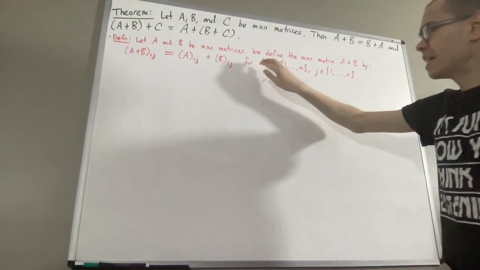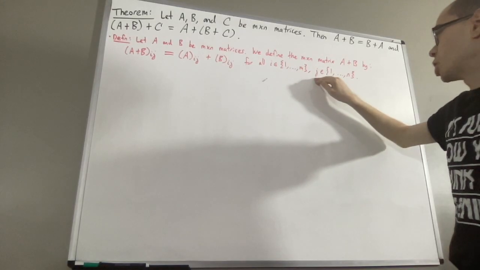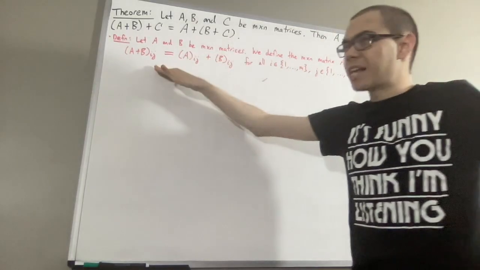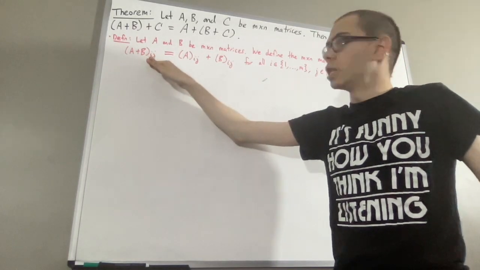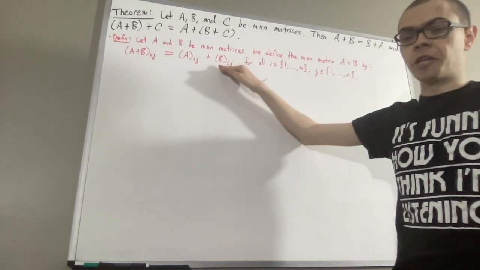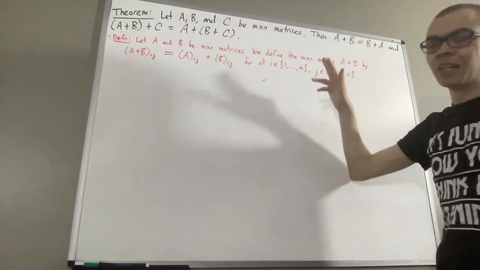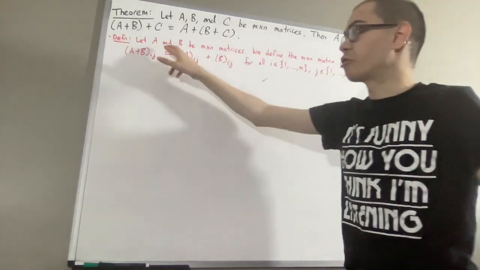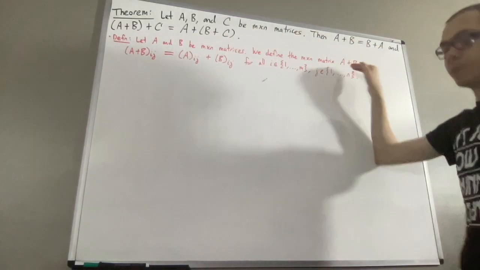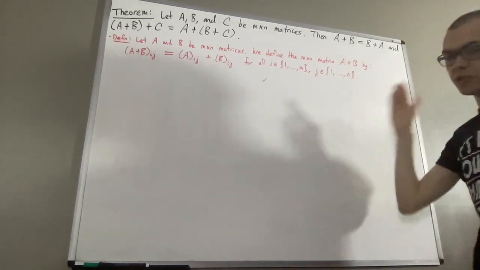So given any integer i between 1 and m, and any integer j between 1 and n, the ijth entry of matrix A plus B will be equal to the ijth entry of matrix A plus the ijth entry of matrix B. So all we're doing here is adding the corresponding entries of matrix A and matrix B to get matrix A plus B. So that is how we define the addition of two matrices.